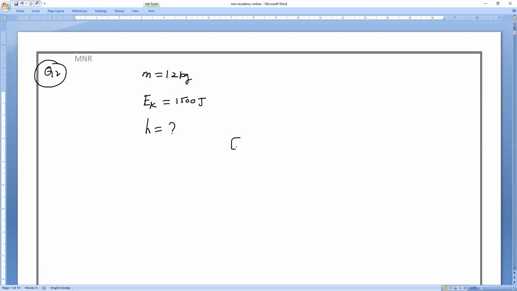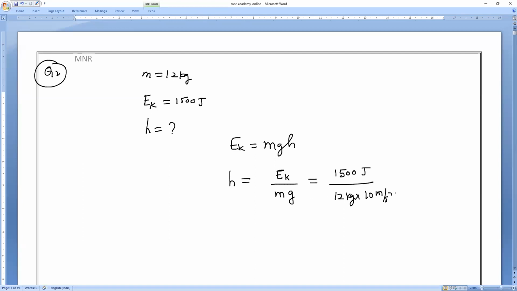We all know that potential energy is equal to mgh. Now we want h, so h is equal to potential energy divided by mass into acceleration due to gravity. Potential energy is 1500 joules, mass is 12 kilogram, and acceleration due to gravity is 10 meter per second square.